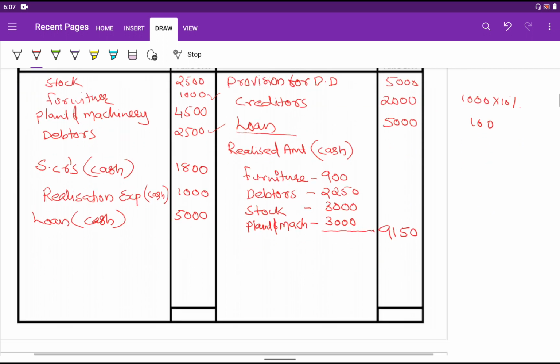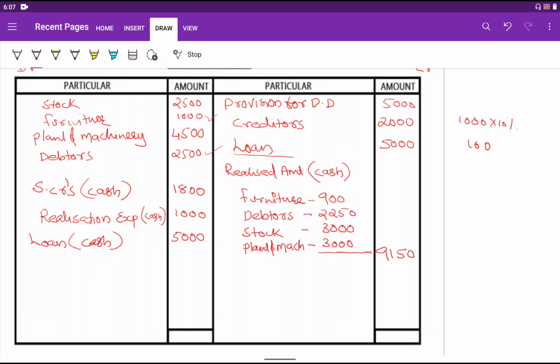Now we can balance this account. Debit side it will be 2,500, 1,000, 4,500, and the total will be 18,300, 18,300.